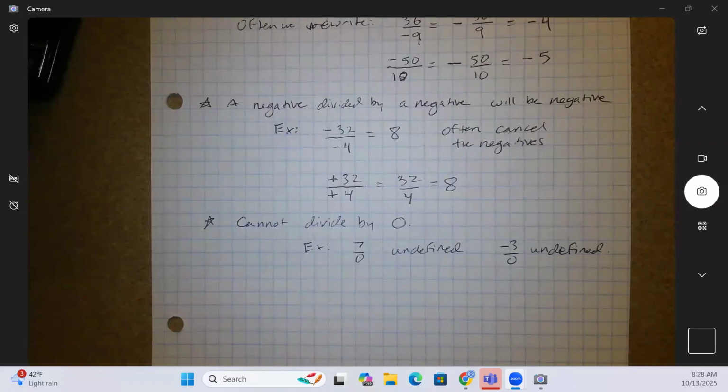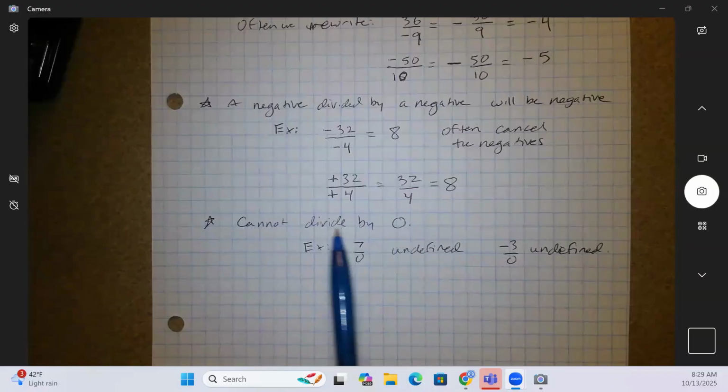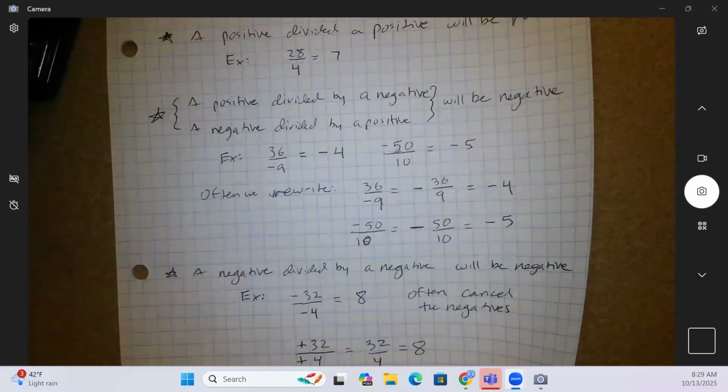I'll add this to the bottom just for our notes. Any number times 0 equals 0, but you cannot divide by 0.